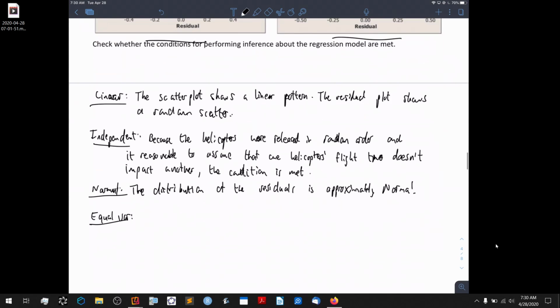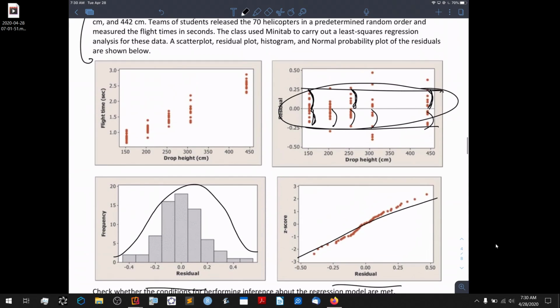Okay, so you can just say something like there is about a similar amount of scatter around the residual equals 0 line. Okay, it's not exactly the same. We don't have that much data, but it's okay. That's basically what we're saying. So don't worry too much about the equal variance condition. Very hard to meet that condition.